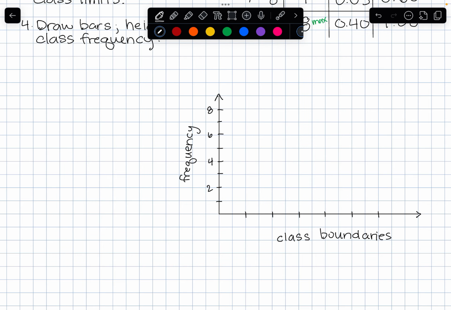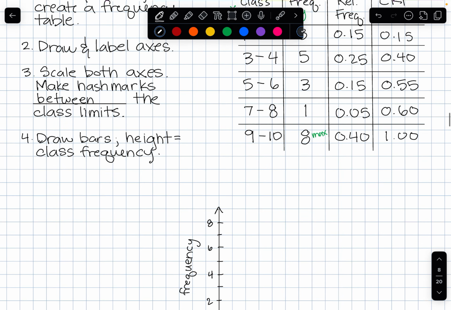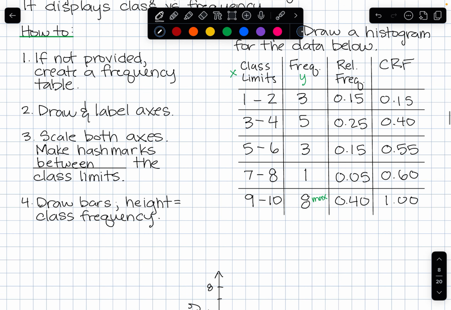I'm going to label those hash marks. So the number that's between 2 and 3 is 2.5. The number that's between 4 and 5 is 4.5. Between 6 and 7 is 6.5, between 8 and 9 is 8.5.